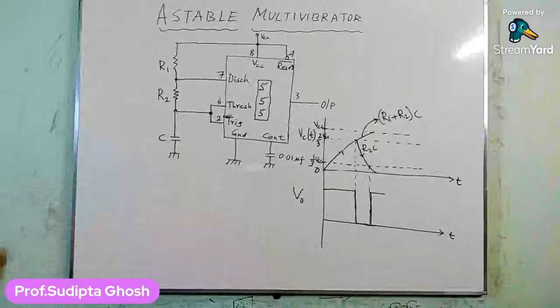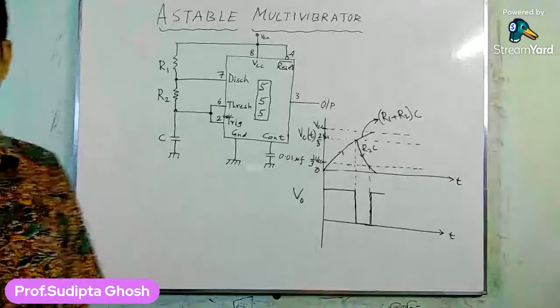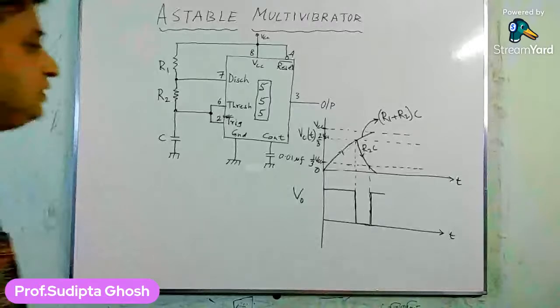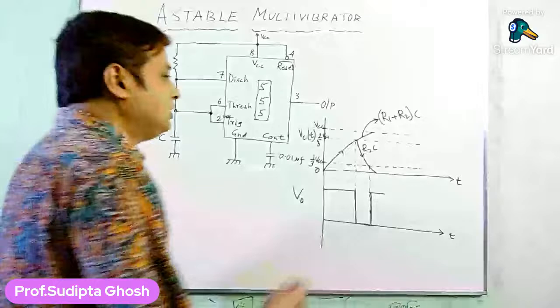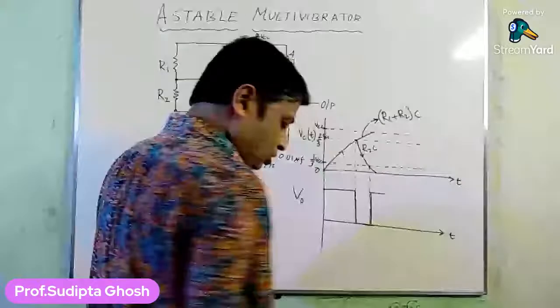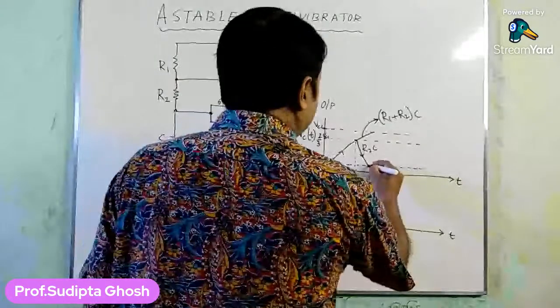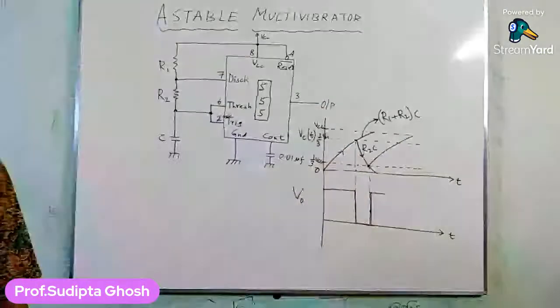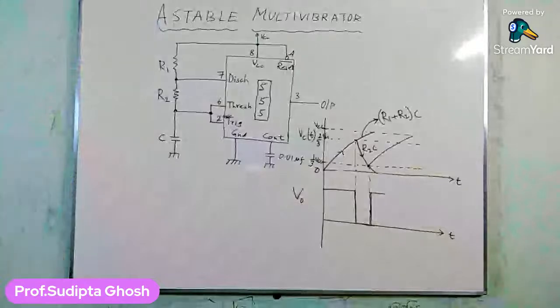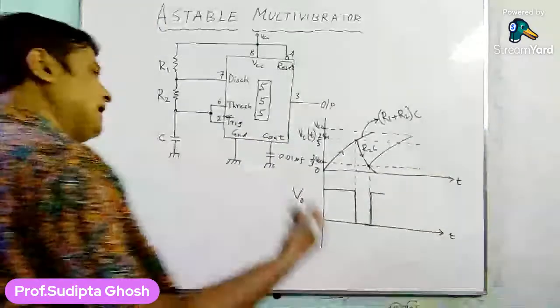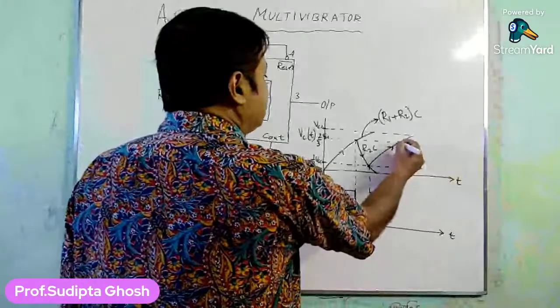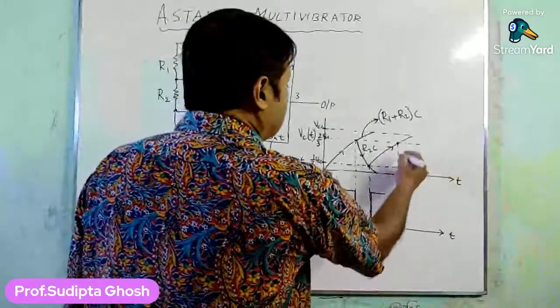So now again a new charging cycle starts. From this particular point again the capacitor goes on charging with this particular time constant R1 plus R2 into C, and again as it reaches the value of 2/3 VCC, it will start to discharge.